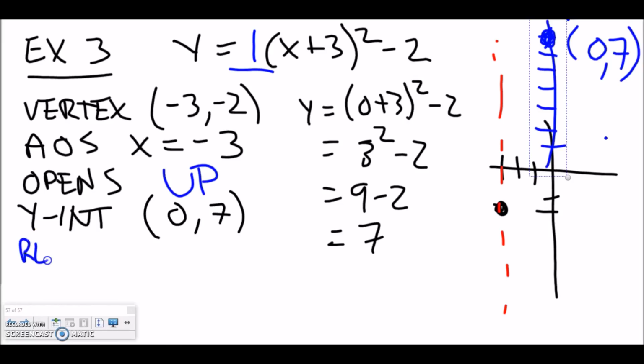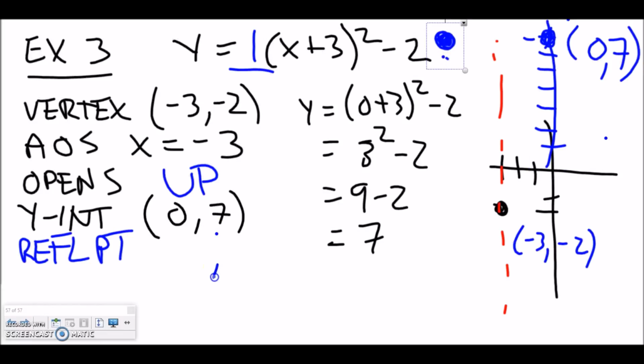Now we need to figure out our reflective point. If our vertex is (-3, -2) and our y-intercept is (0, 7), if we came over here somewhere, we know it would be 7 high. It's always going to be the same y-coordinate. What would the x-coordinate be? This is a distance of 3. A distance of 3 more would be (-6, 7).